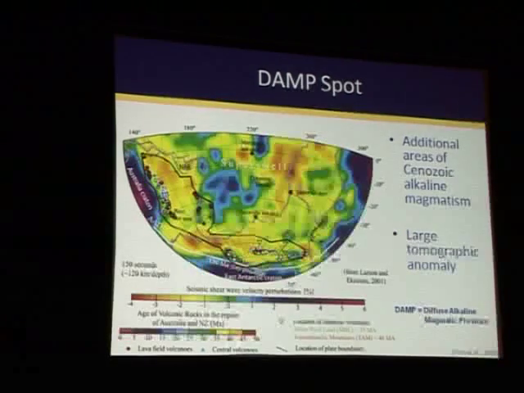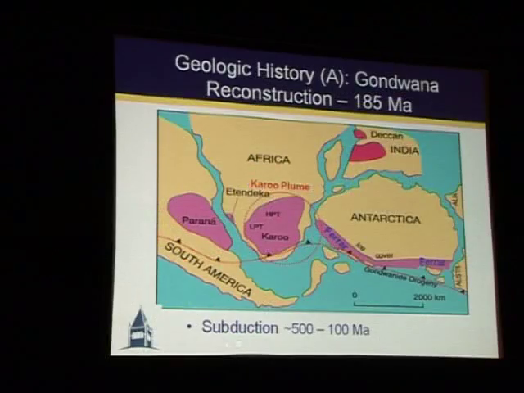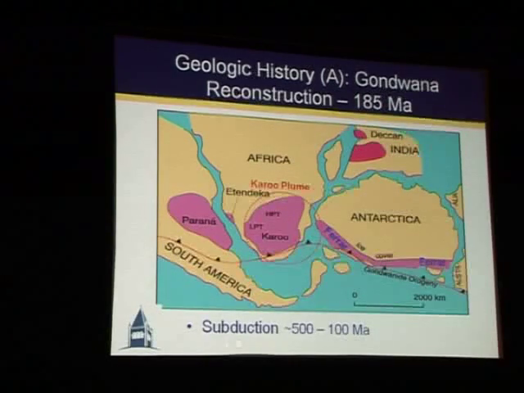The reason we would entertain the possibility of wetness along this particular margin is that when we go back to Gondwana times, and this is the reconstruction from 185 million years ago, the Paleo-Pacific margin of Gondwana had a long-standing history of subduction, lasting probably something like 300 or 400 million years.